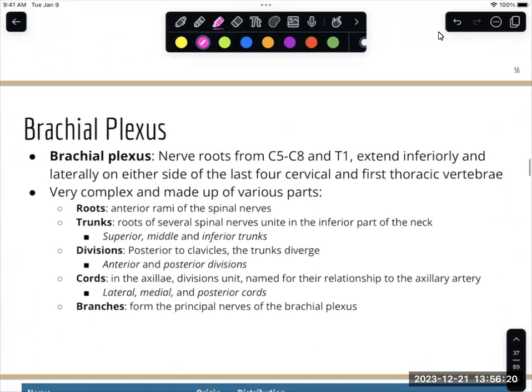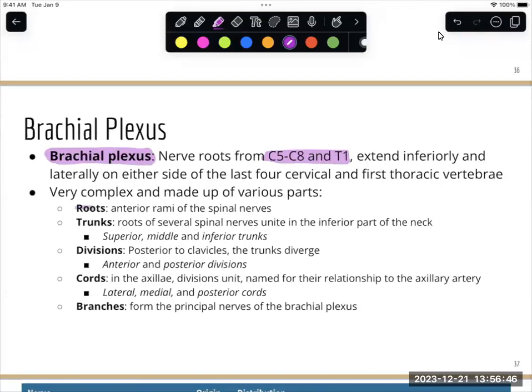Next plexus, brachial plexus. This one is probably the most complex and has the most nerves you need to know off of it because this is going to your arms. C5 to C8 and T1 make up this brachial plexus. This plexus specifically is broken up into different parts.